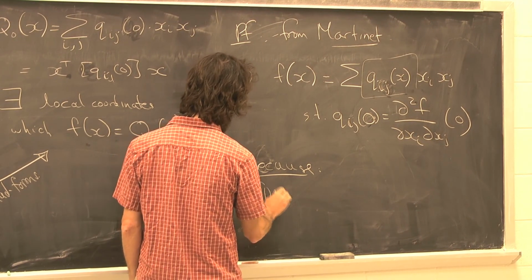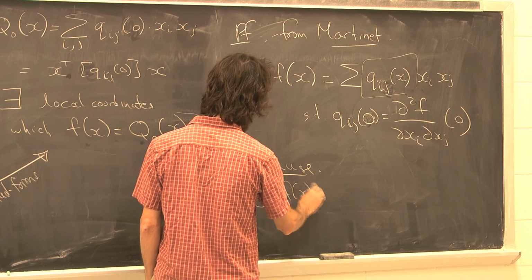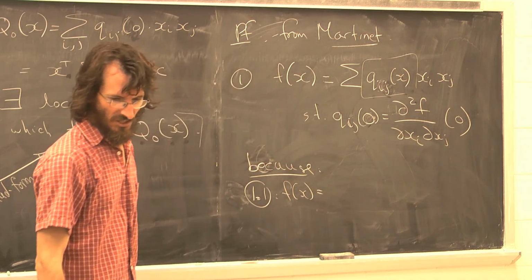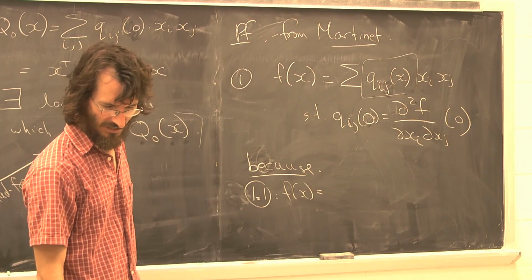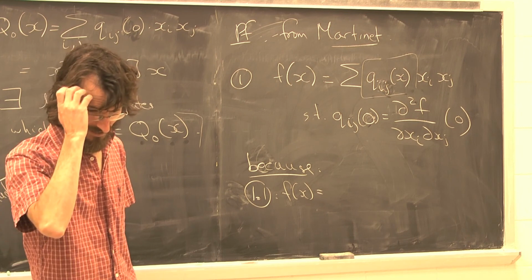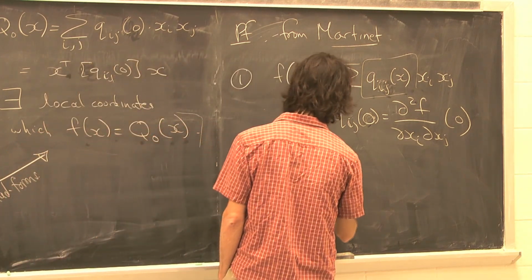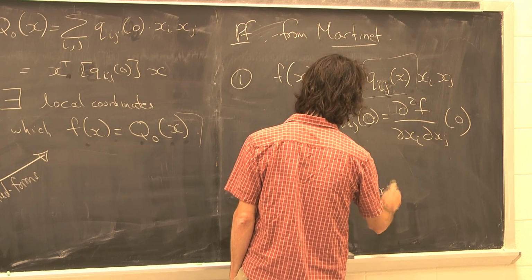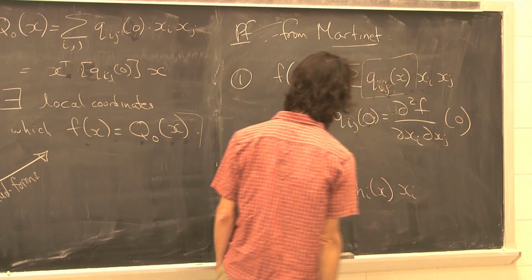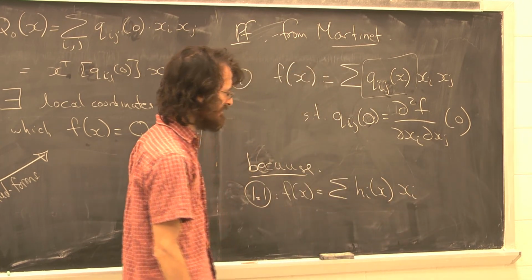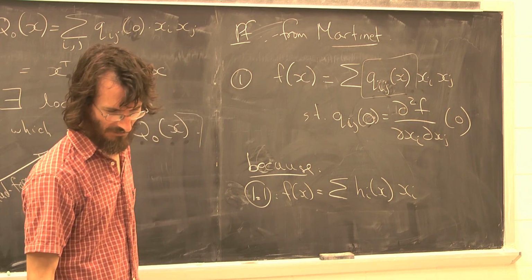So first of all, point 1 is you can write f of x as the sum, doing it one step at a time, of some h_i of x times x_i for each variable. And how do you get those h_i of x?